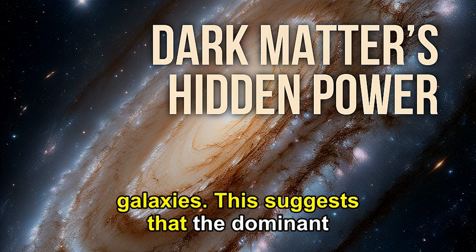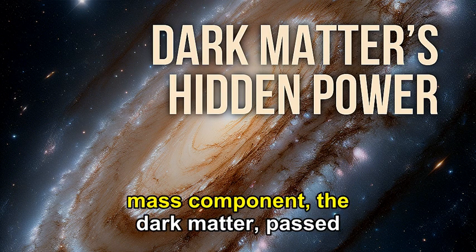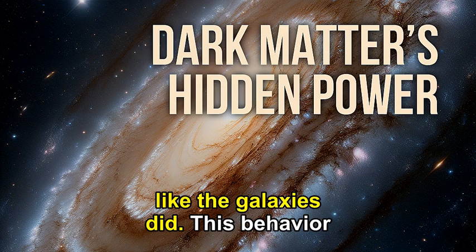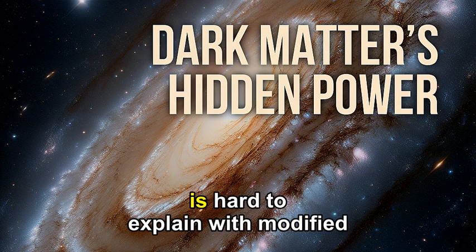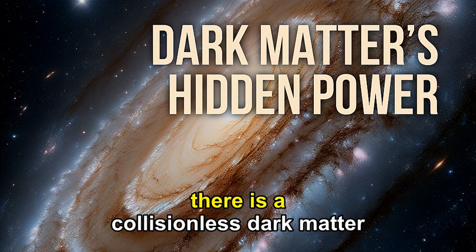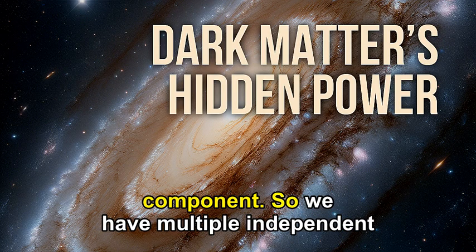This suggests that the dominant mass component, the dark matter, passed through the collision with little interaction, like the galaxies did. This behavior is hard to explain with modified gravity alone. It fits naturally if there is a collisionless dark matter component.